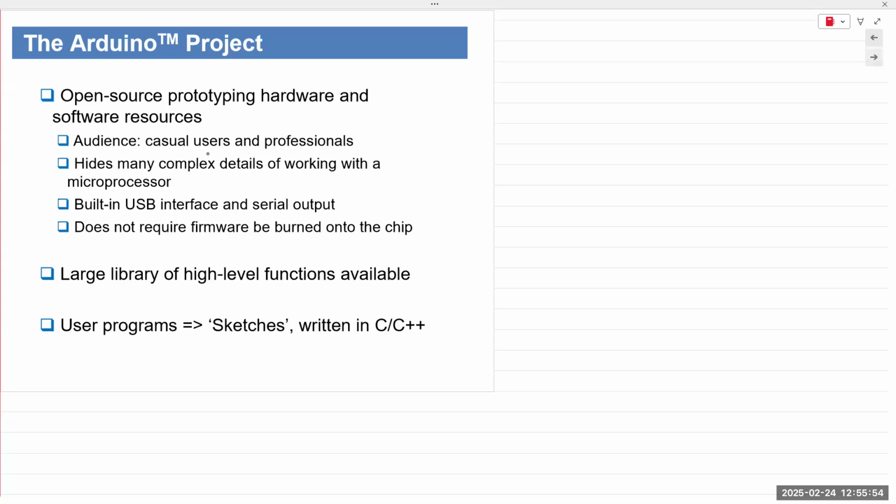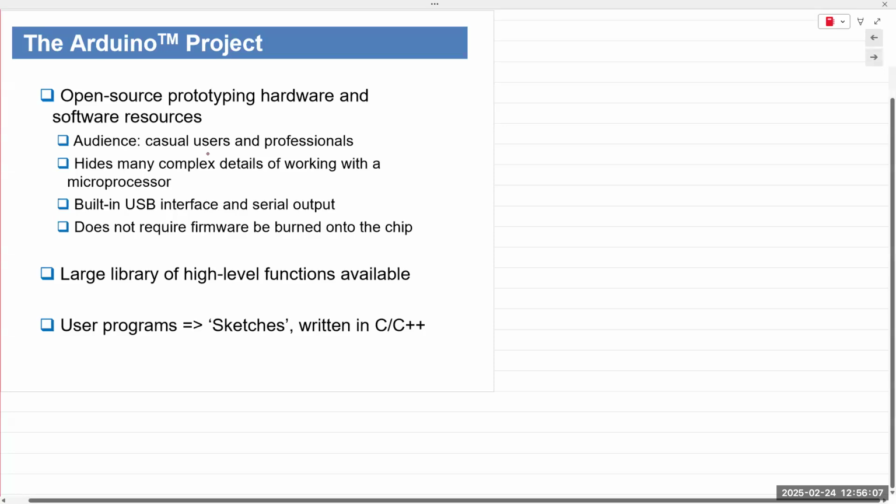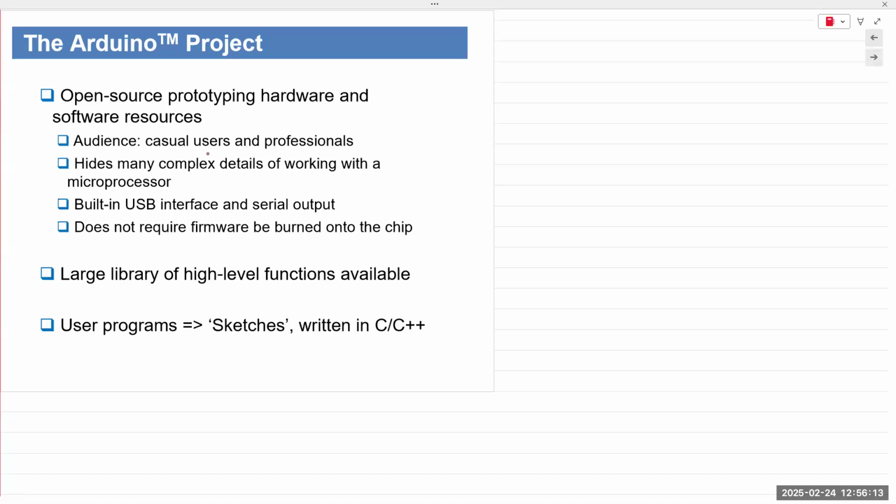And they were thinking about how to generate interest in programming and computer hardware and software amongst kids and enthusiasts. Okay, so they came up with this controller board based on the ATmega 328 chip, and they named it after an Italian king known as King Arduin, A-R-D-U-I-N.